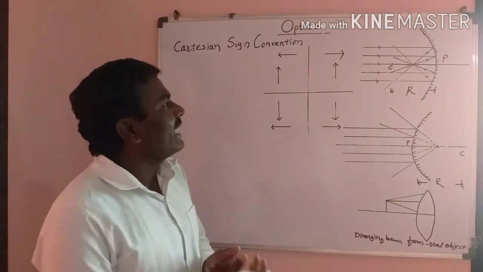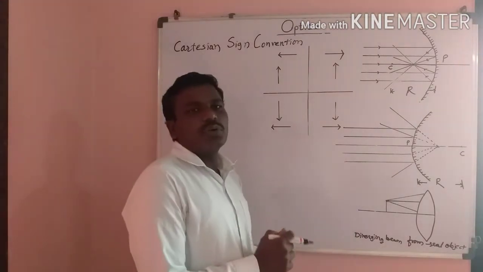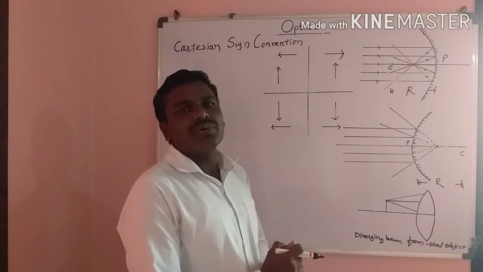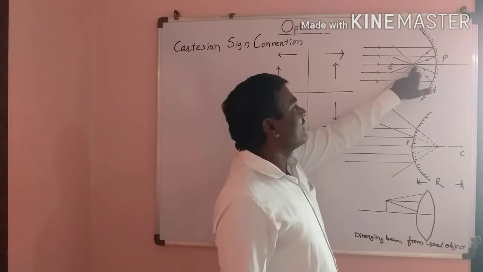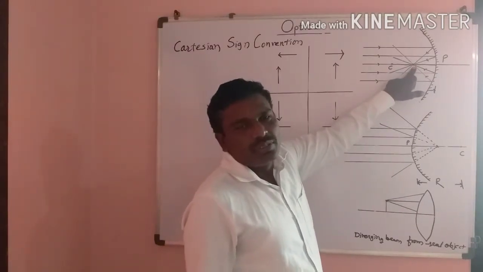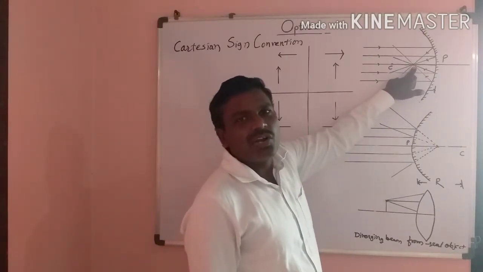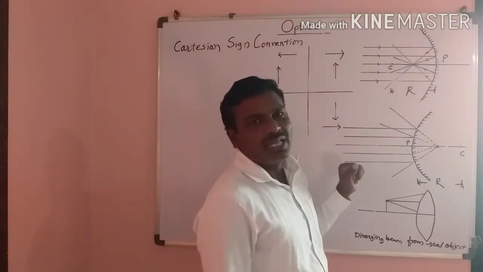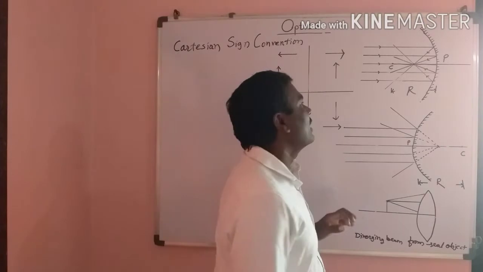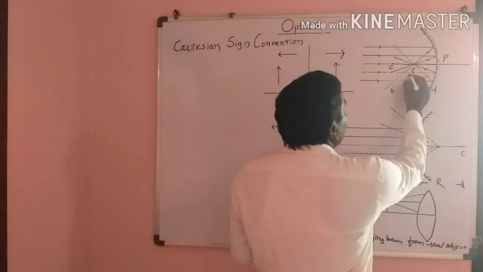When rays of light are incident on a concave surface, the rays converge at one point on the principal axis. That point where the rays converge, meaning come to one point, is called the focal point and is denoted by small f.